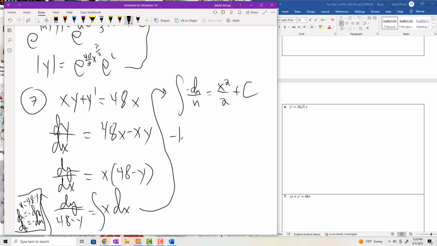Then this will be negative ln absolute value of u. X squared over 2 plus c. Back sub, again, you want to get that negative on the right. So you got the ln absolute value 48 minus y equals negative x squared over 2. Technically minus c, but the constant absorbs all the negative stuff. And then we can exponentiate.